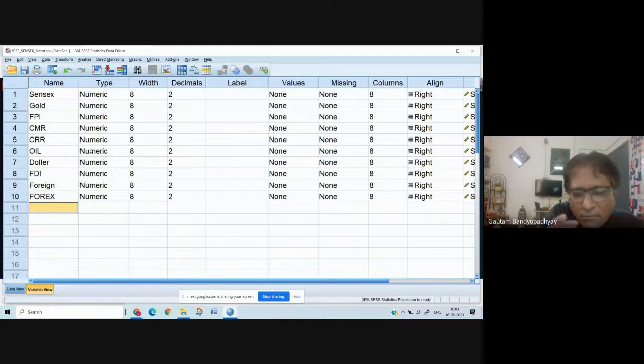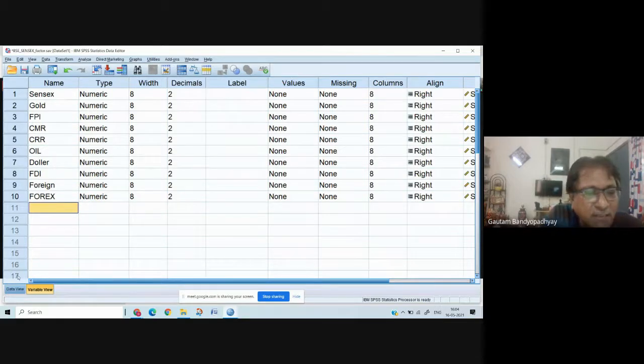Basically, this is some capital stock market data. There are a total of 10 variables. From domain knowledge, sensex is the dependent variable, and the rest are macroeconomic variables. Initially we start with supervised data, that is regression, because we know the dependent variable. So sensex is the dependent and all the other 9 variables are independent.